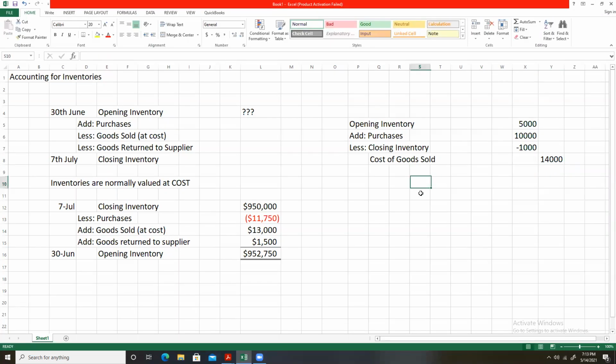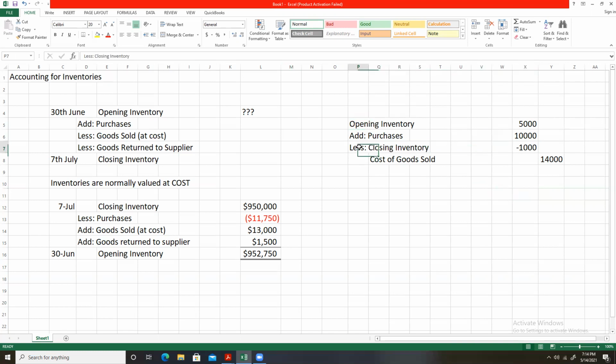Now, there is one more thing. This closing inventory will be the opening inventory for the next year. This means that it will also have an impact on the next year's profit, as this figure represents opening inventory for the next year.